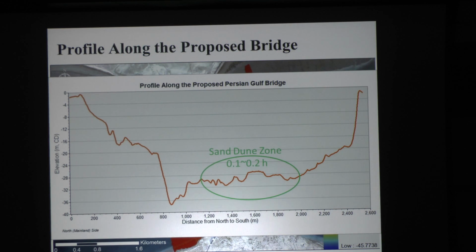Okay, sand dune zone is here, and as we know, the height of dunes could be something about 0.1 to 0.2 of the water depth, and water depth here is something about 30 meters, and the dunes are something about 6 meters.